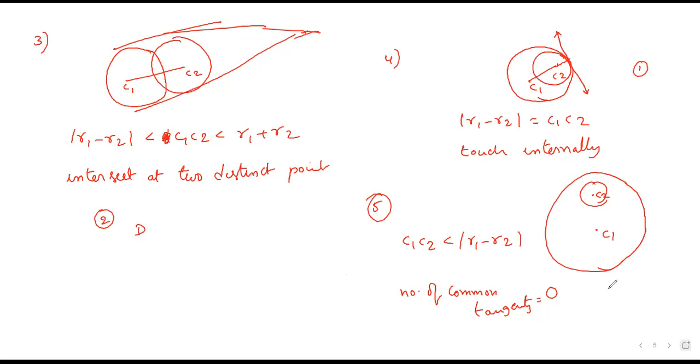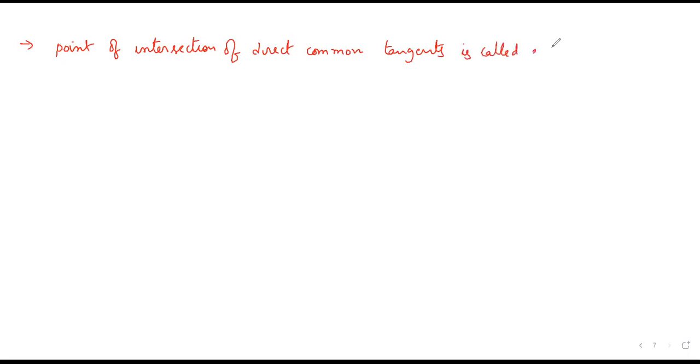Next definition: the point of intersection of direct common tangents is called the external center of similitude.